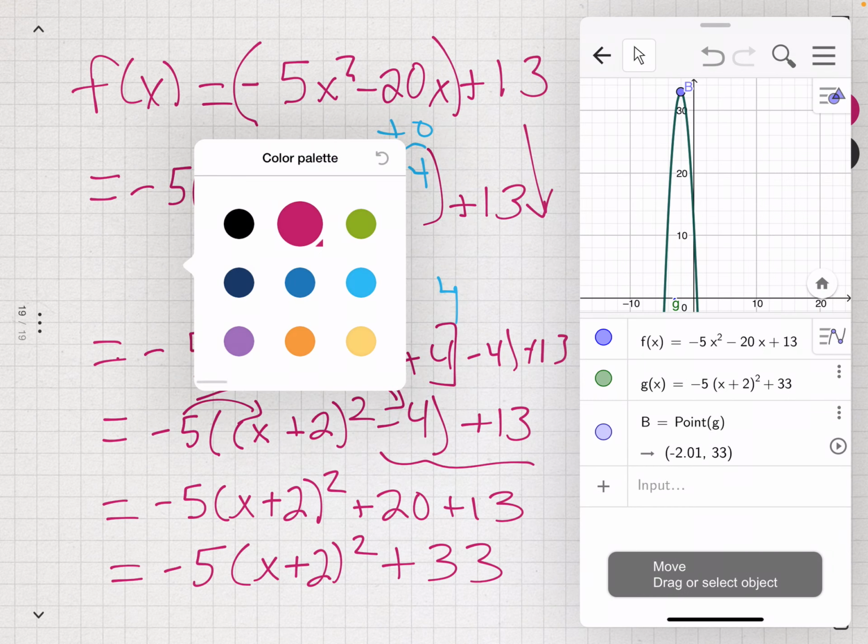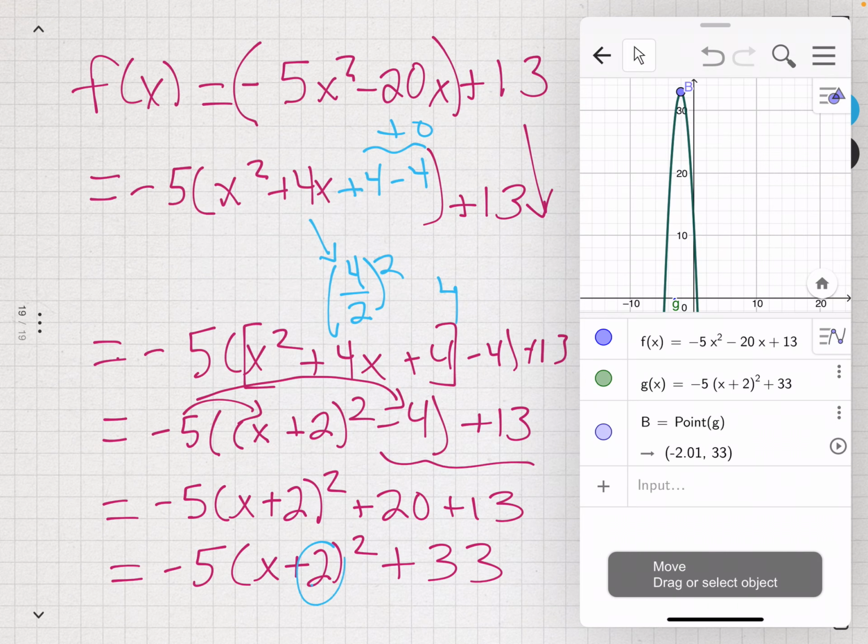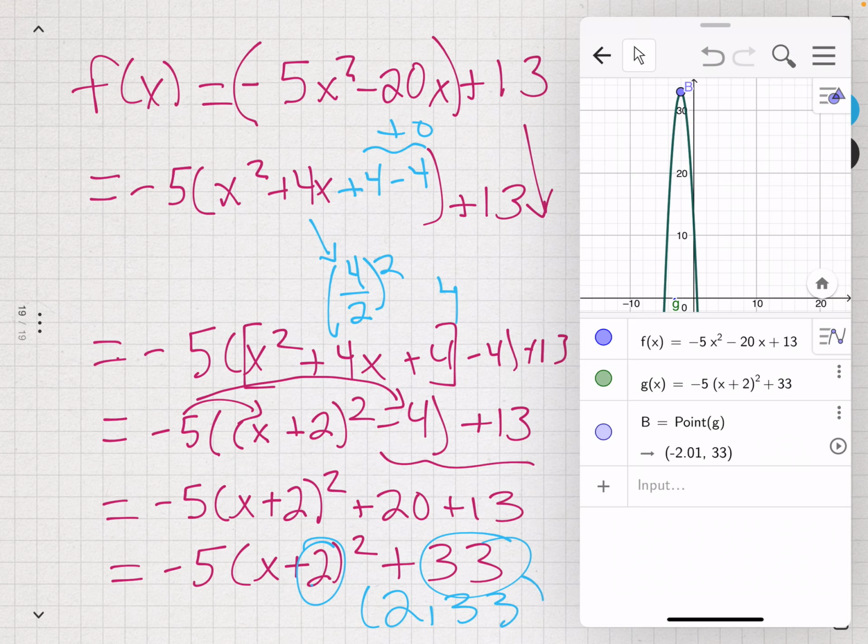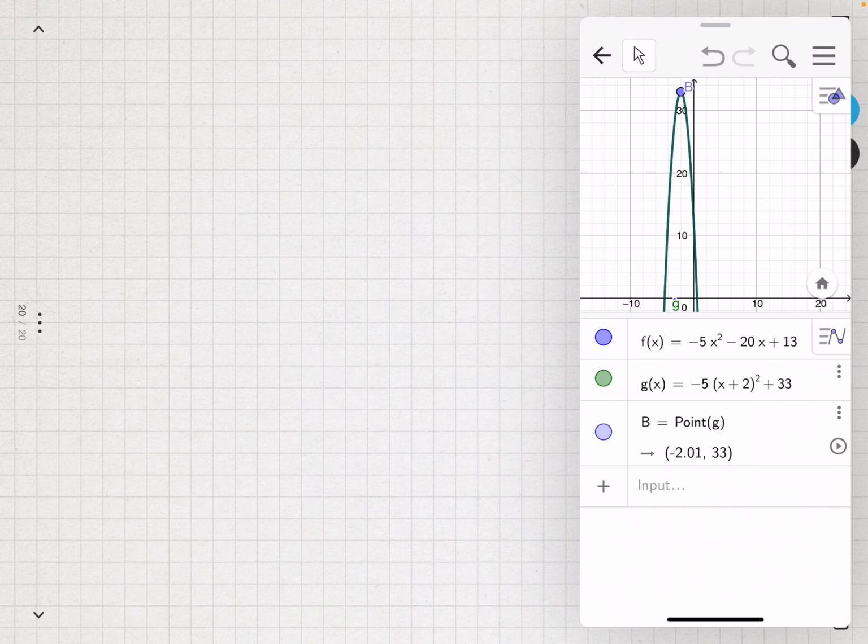Well, that's because of h, k: negative 2, 33. A opens down, and negative 5 shrinks.